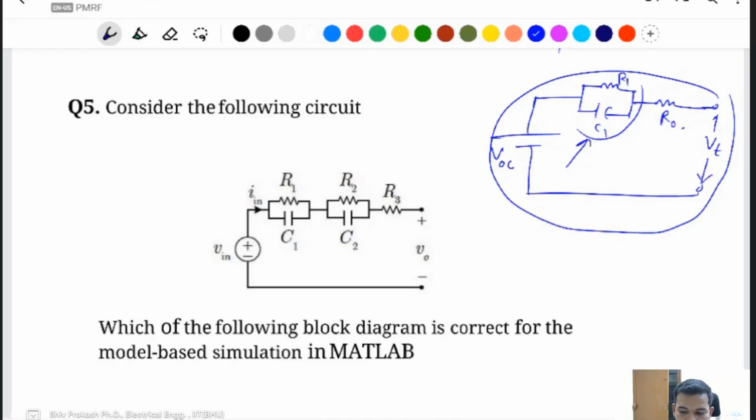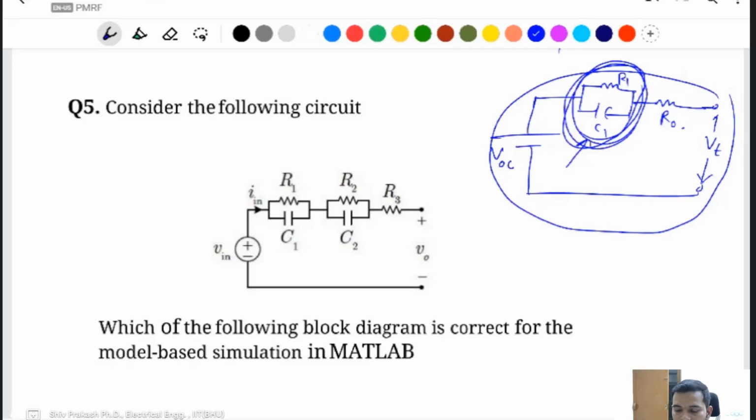What is the significance of this RC? What does it represent? This one is the time constant of the battery, like the charging and discharging time. The battery has some response time.